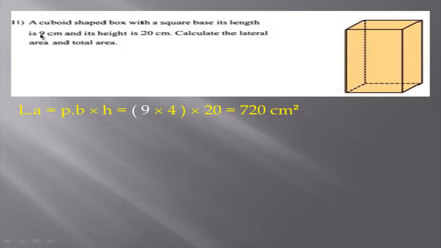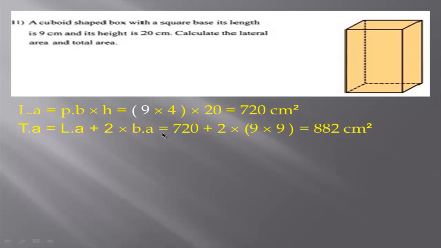The side times 4 is the perimeter of the base, which is 9 times 4 times 20, equal to 720 centimeters squared. Now, the total area will be the lateral area plus 2 times the base area, equal to 720 plus 2 times 9 times 9. It will be 882 centimeters squared.